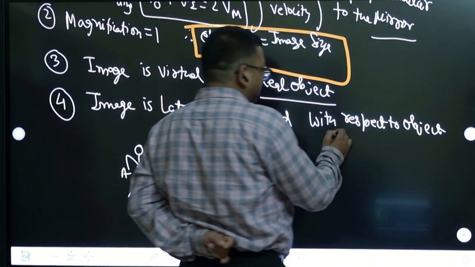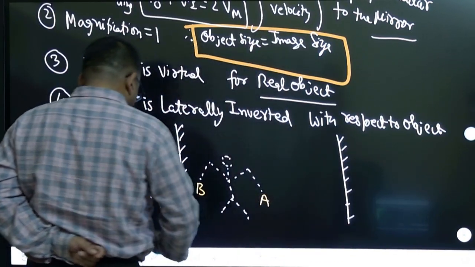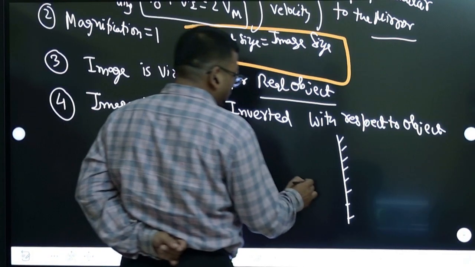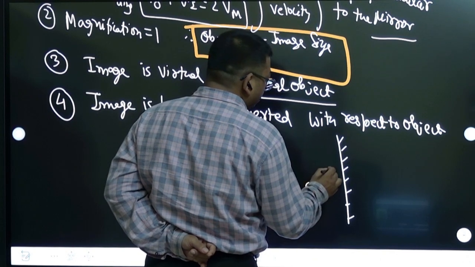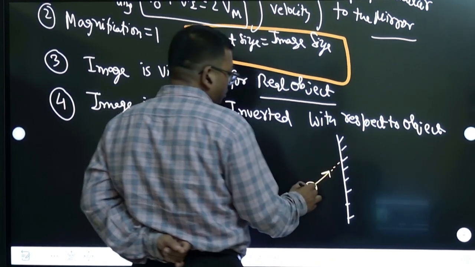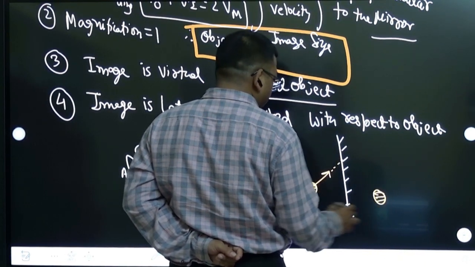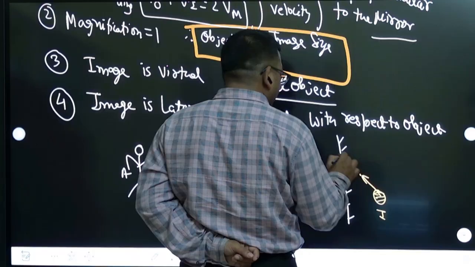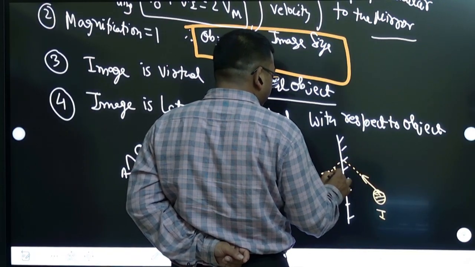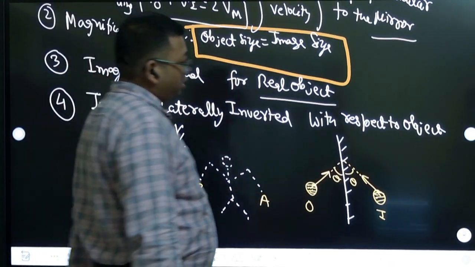Suppose this is a mirror and there is an object moving this way. The image should move in this manner, making the same angle theta here, with the same speed.